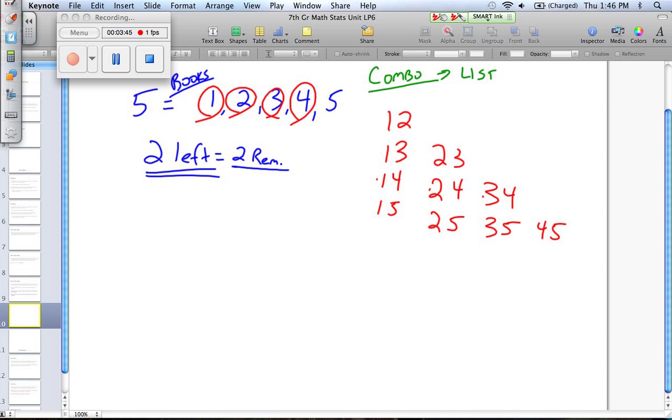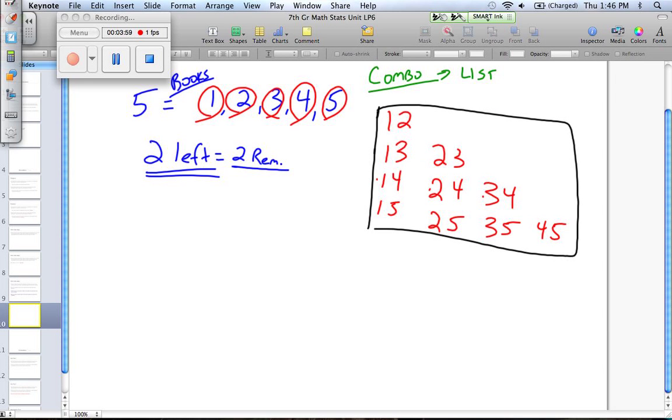Book 5 has already been matched with 1, 2, and 3, along with 4, so there's nothing left for him. This is my sample space, or my total number of combinations that Mrs. Johnston can put. 1, 2, 3, 4, 5, 6, 7, 8, 9, 10. So the answer to this question is 10 different combinations of books that Mrs. Johnston can put on the reading list.